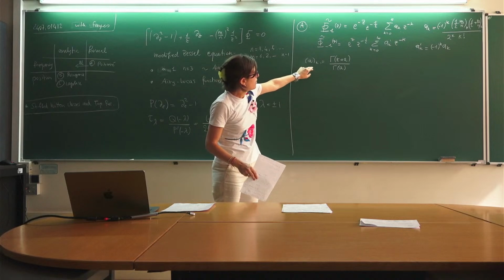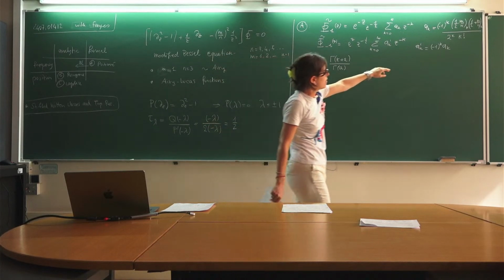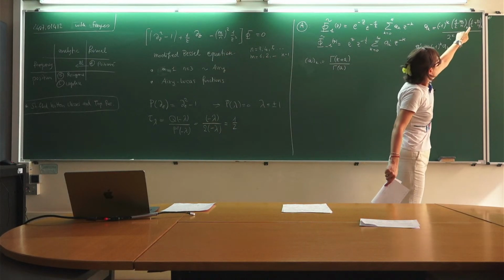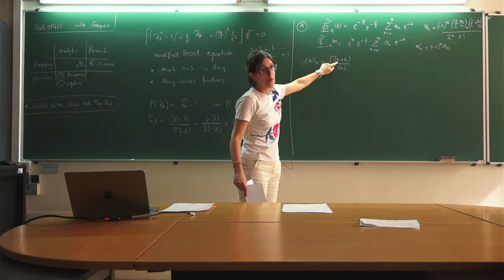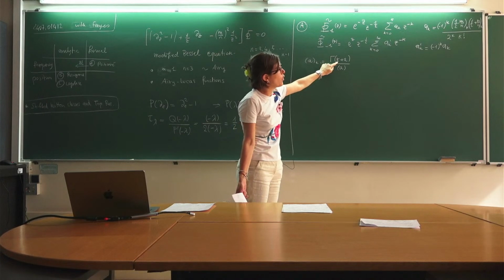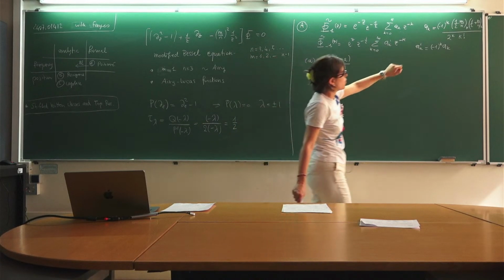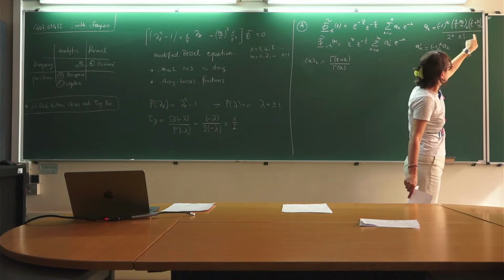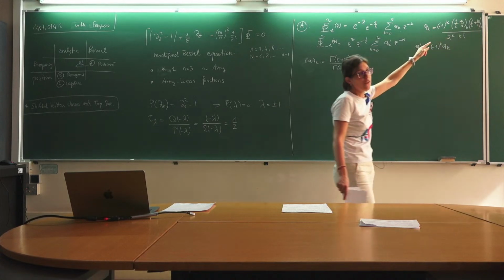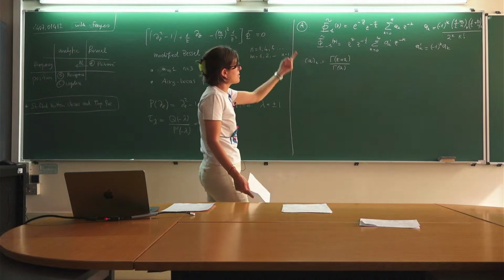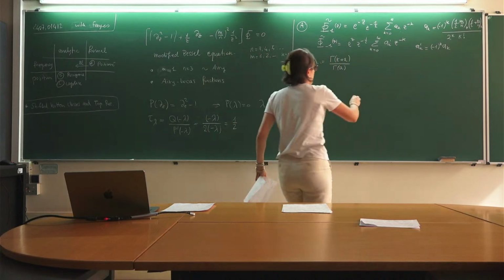So in particular, what you see is that here you have, morally, two gamma functions, and the gamma function grows as k factorial. So you have one k factorial, and here another k factorial. So in fact, the growth of this coefficient is k factorial, which means the series is divergent.